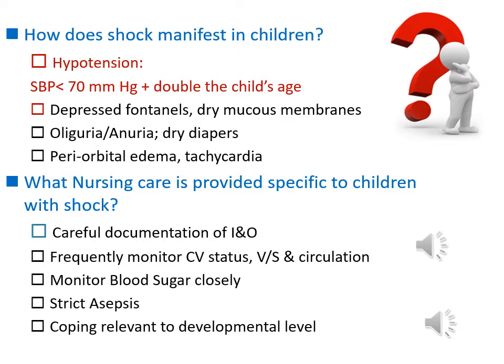And so when I say that, I mean that when their systolic blood pressure indicates hypotension, we know that their body is no longer able to compensate, and they probably progress very rapidly into the next stages of shock.